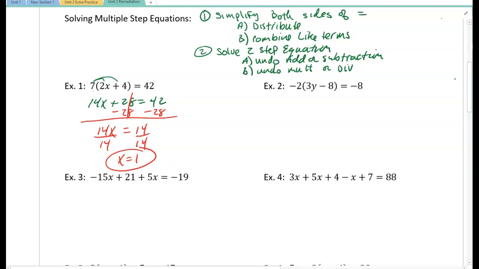Okay, example 2. I have negative 2 times 3y, so I have to distribute here. Negative 2 times 3y is negative 6y. Negative 2 times negative 8 is plus 16, equals negative 8.